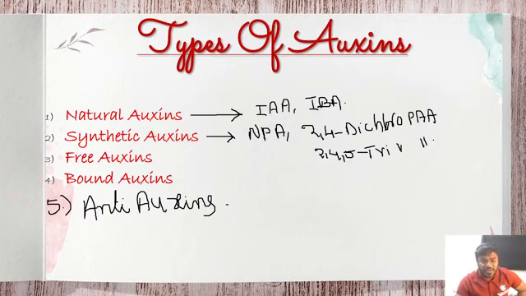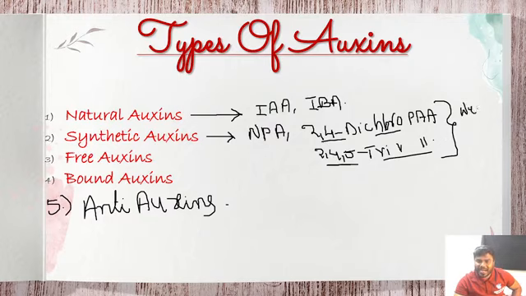Very simple, right? 2, 4 are the carbon numbers where the chloro functional groups are present. 2, 4, 5 are the carbon numbers where the chloro functional groups are present. My friends, even in exam questions, these two synthetic auxins act like powerful weedicides which will kill the weeds.